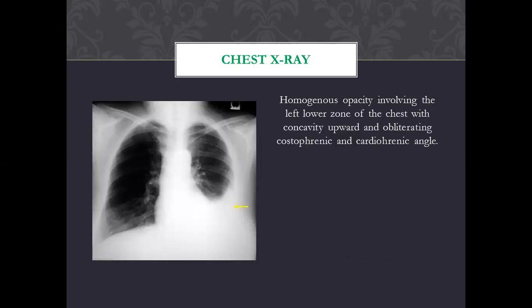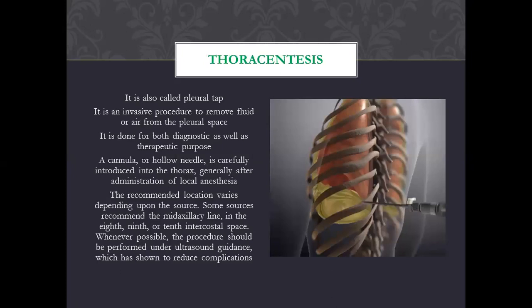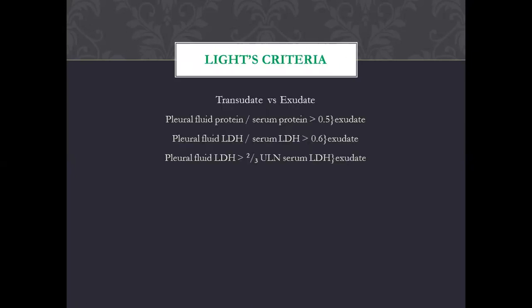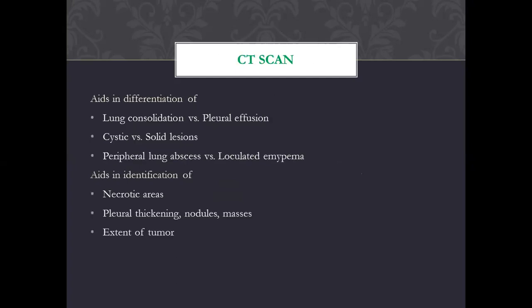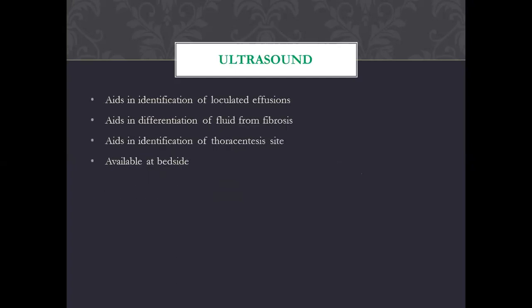When we have an X-ray like that, first of all we will go for ultrasonography to confirm it. It helps to identify a loculated effusion and also differentiate the fluid from fibrosis, and it also helps in identification of the thoracentesis, meaning pleural tap, site. It is easily available, and it's a non-invasive investigation.